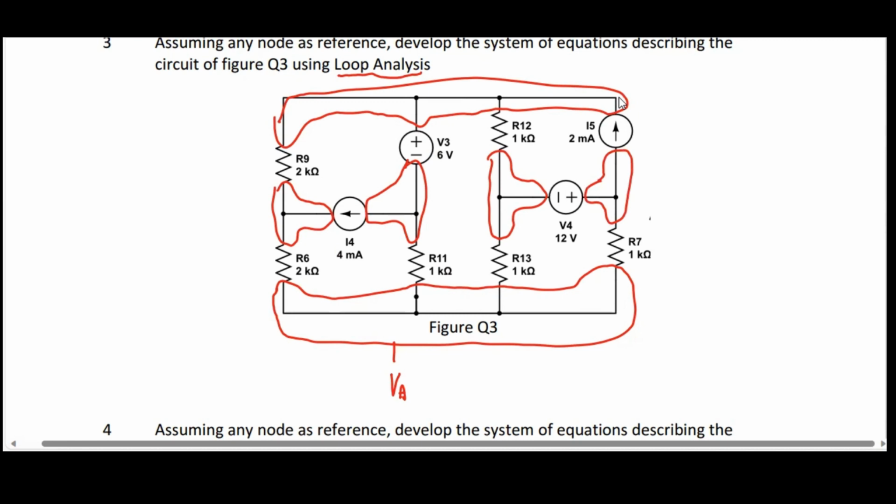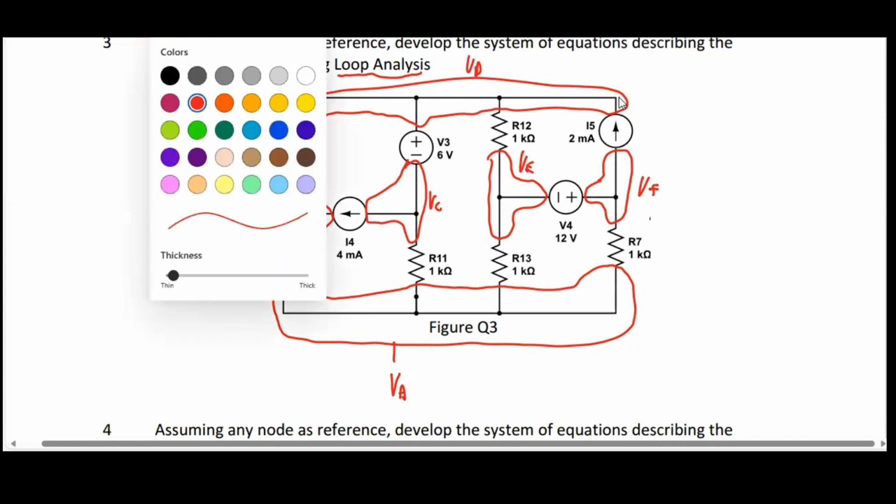Label them VA, VB, VC, VD, VE, VF. So I label my nodes like normal. As I said, just to be safe in Albert's exam, don't just assume a zero, just treat it like a normal node. Alright, so there you go.